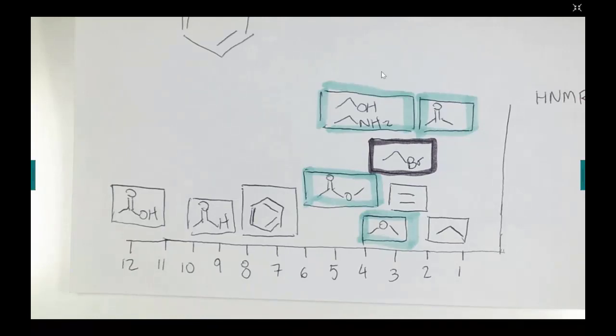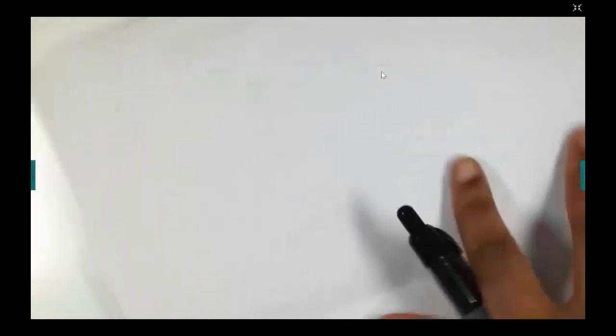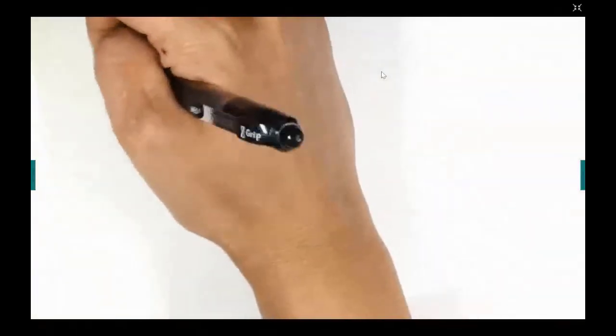Okay. And now I just realized I have been talking a lot about degrees of unsaturation for someone who hasn't explained them. So let's talk about that really quickly. All of y'all should be using degrees of unsaturation while working through your problems in OCHEM. So I'm sure you're familiar with them.